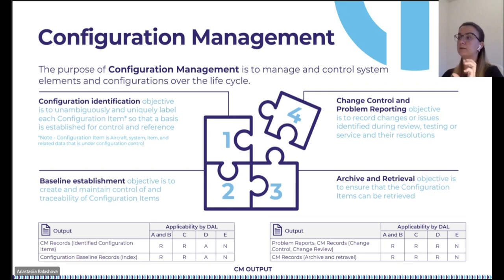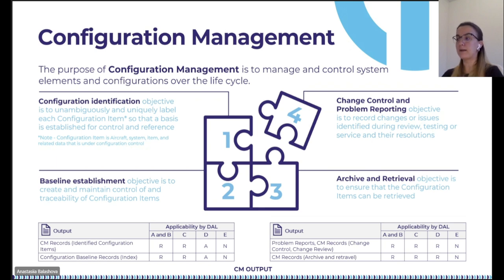The second one is baseline establishment, whose objective is to create and maintain control of traceability of configuration items. The third piece is archive and retrieval, whose objective, obviously, is to ensure that a configuration item can be retrieved.